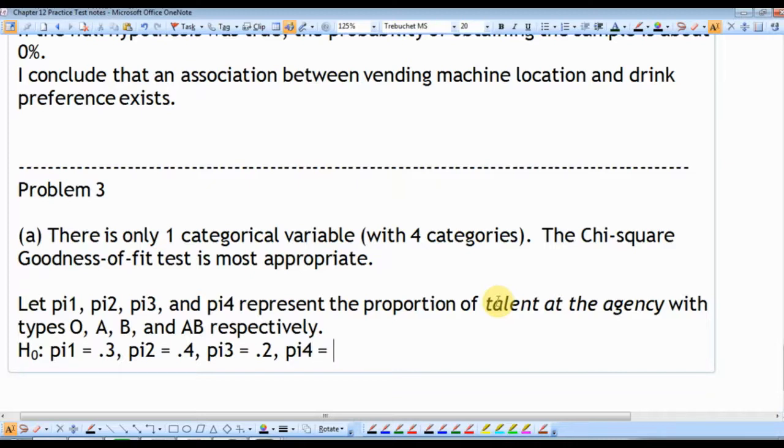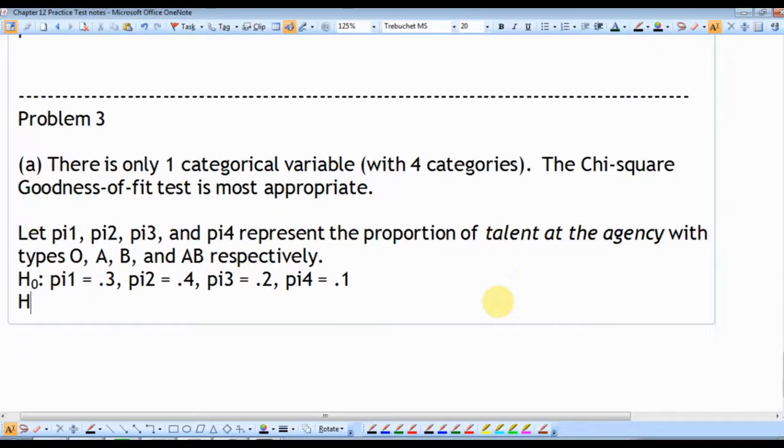There we go. Alternatively, at least one of the proportions in H naught is incorrect.